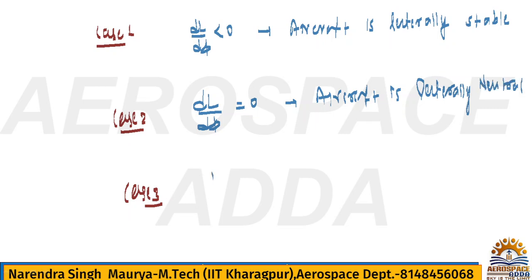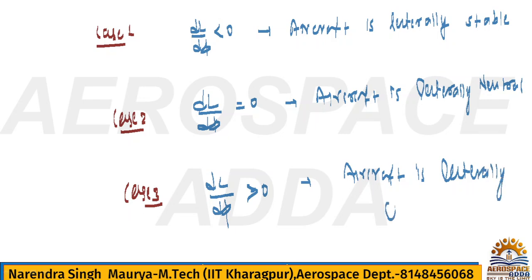Dou L by dou phi greater than 0 means the aircraft is laterally unstable. So in these three cases, you need to remember, questions are asked from here.